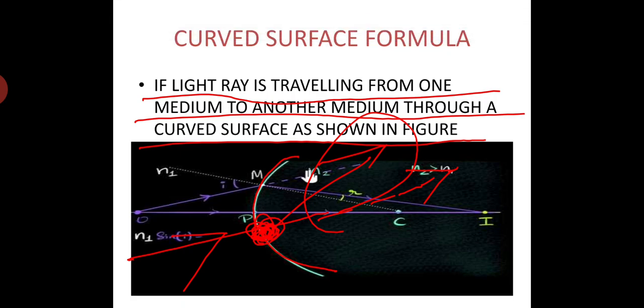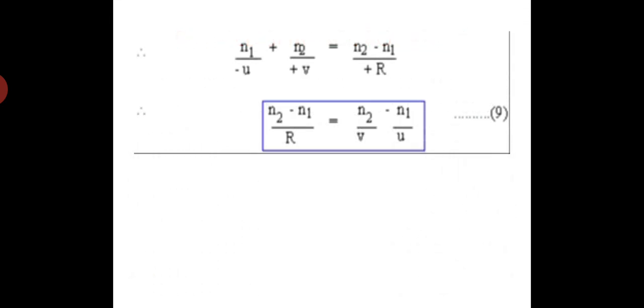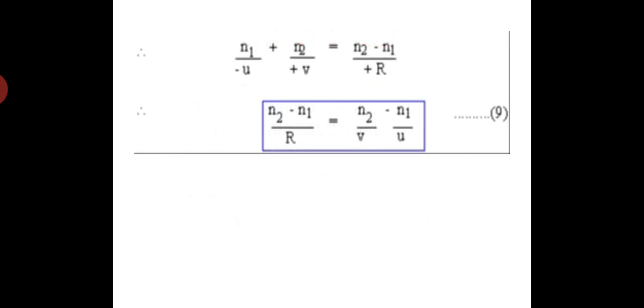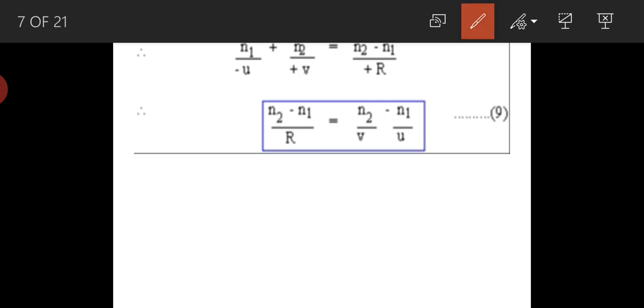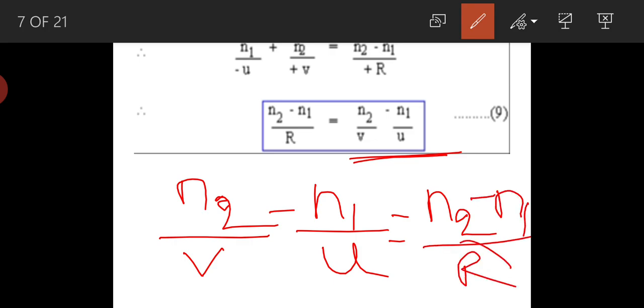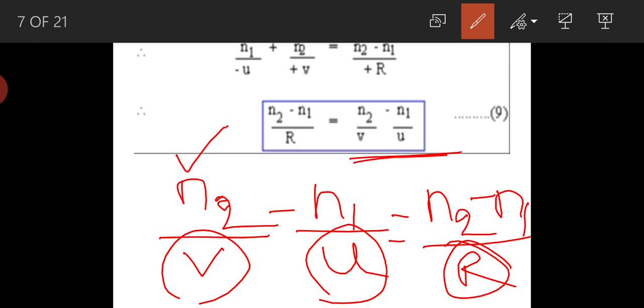That formula is nothing but curved surface formula, and it is given by n2 by v minus n1 by u is equal to n2 minus n1 by r, where r is radius of curvature, v is image distance, u is object distance, n2 is second medium, and n1 is first medium.